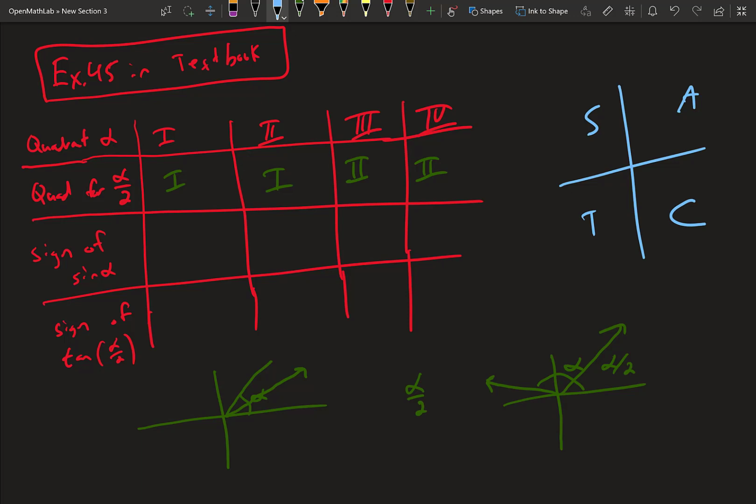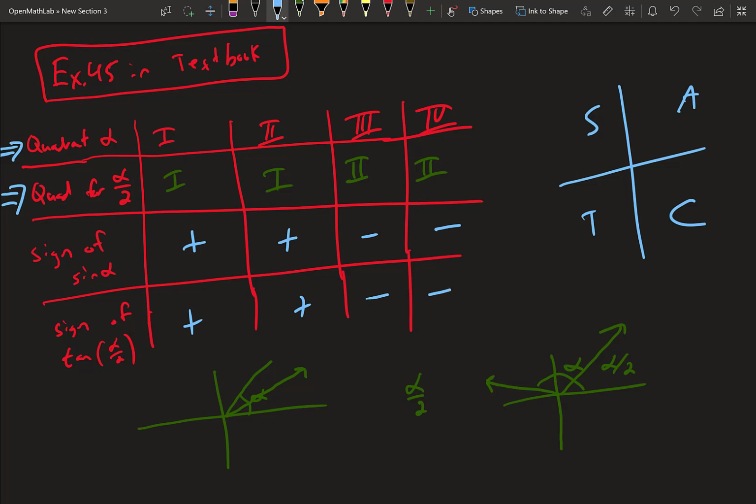If we know the quadrant, we can figure out the sign. So for sine of alpha, I'm paying attention to just this first row. Sine in the first quadrant is positive, sine in the second quadrant is positive, and in the third and fourth it's negative. Next would be tangent of alpha divided by 2, so now I'm focusing on the second row. Tangent in the first quadrant is positive, and tangent in the second quadrant is negative.